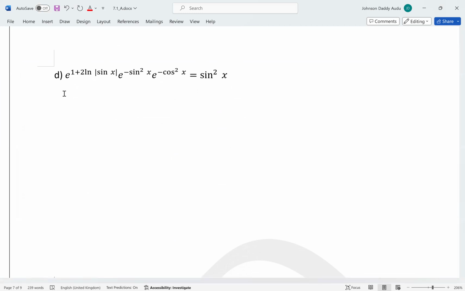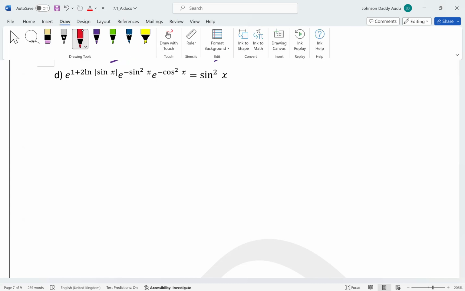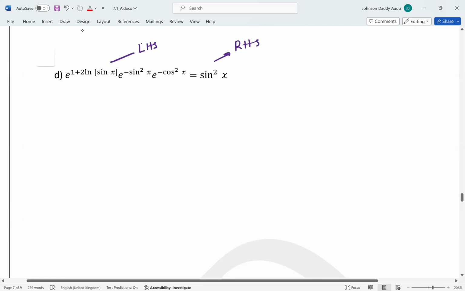You have to use the left-hand side because the right-hand side is only one term. So here we just stick with the left-hand side. So here we just need the properties of exponential function.